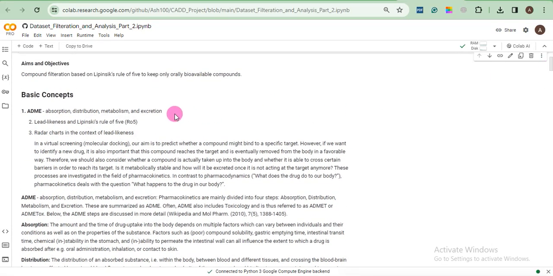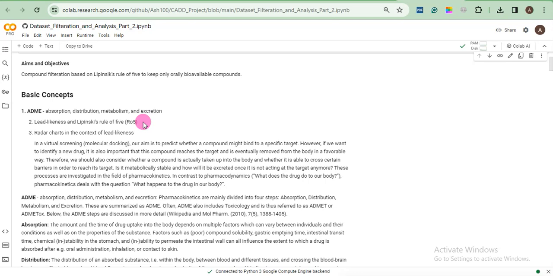The second thing we will talk about is lead likeness and the Lipinski rules. What are the Lipinski rules? People mostly know it as the rule of 5, and sometimes I abruptly ask my students how many rules the Lipinski rules contain, how many rules exactly?